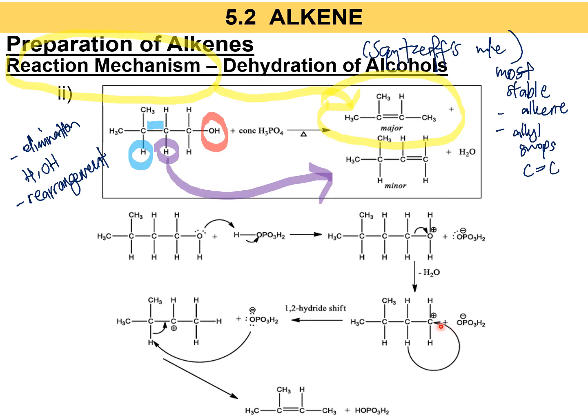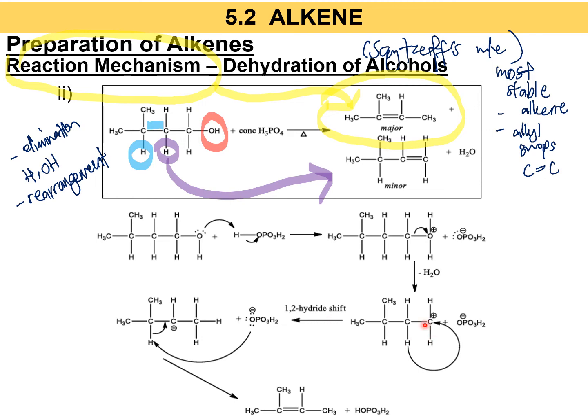But, okay, previously the next step should be that we take hydrogen to regenerate the acid catalyst H3PO4, right. But because we see a bright chance for this carbon-carbon double bond to become the major product, so that it has many alkyl groups around it, therefore what we are going to do is a 1,2 hydride shift.